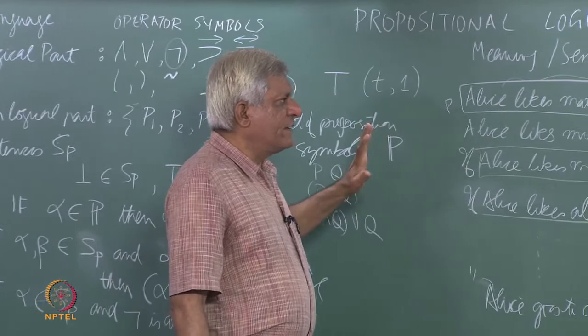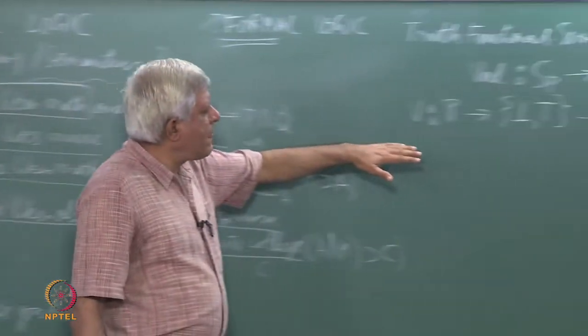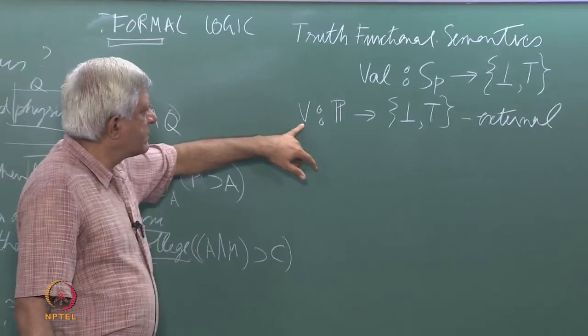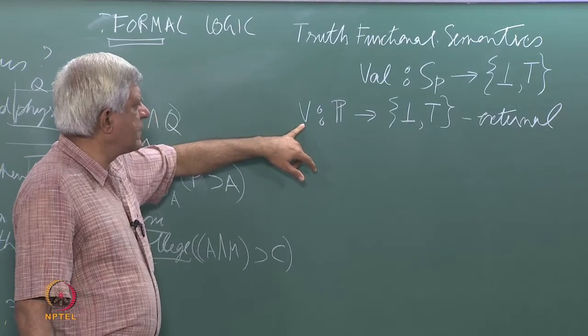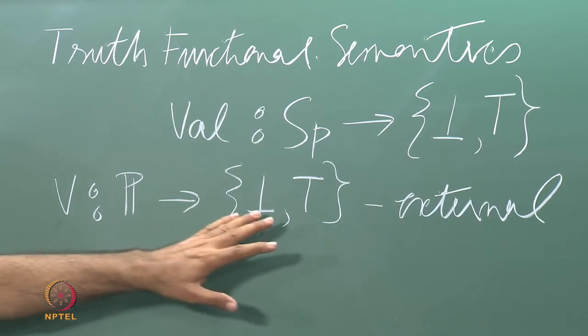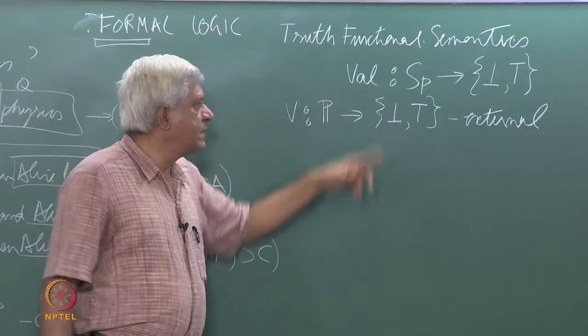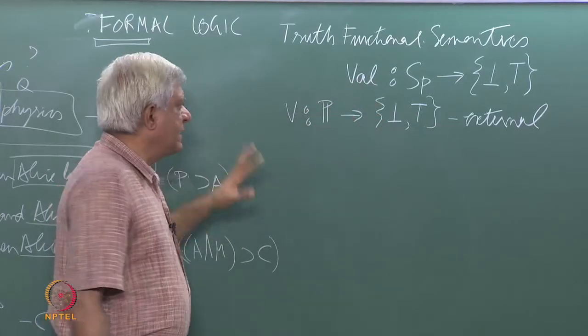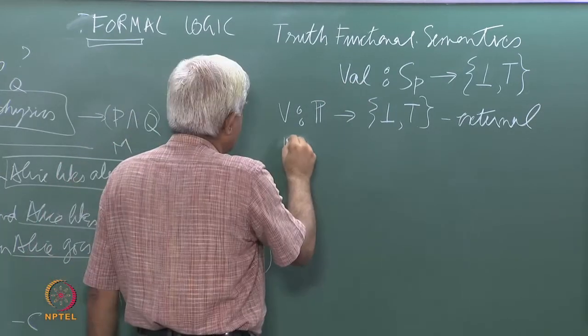First, we want to define that if we are given a mapping which we call V, which takes you from the set of propositional symbols to this, then can we define this value function, and that we can do as follows.